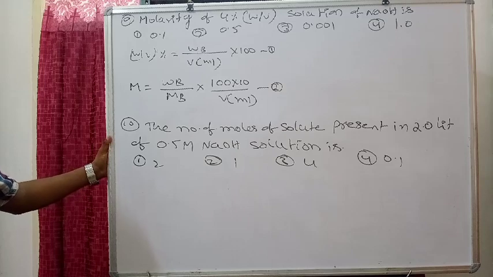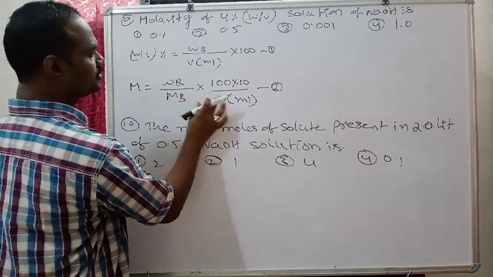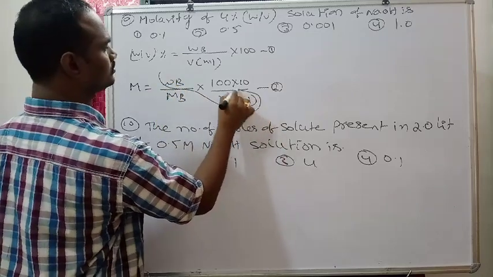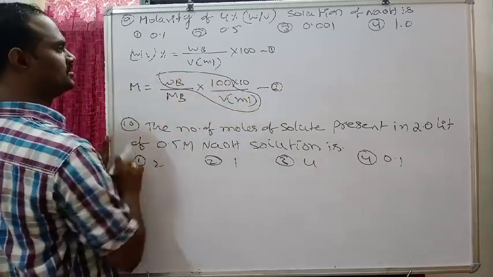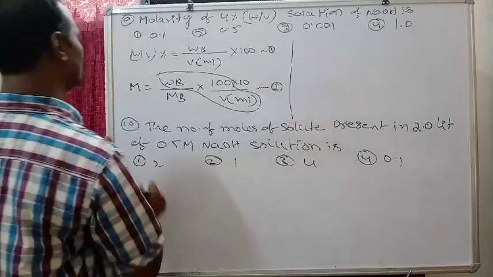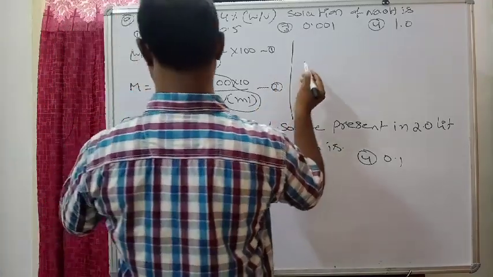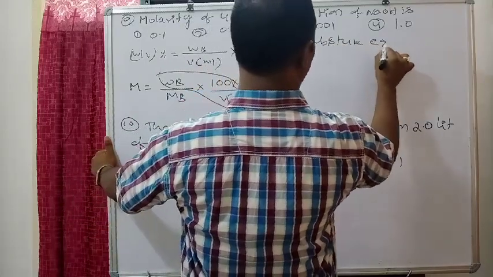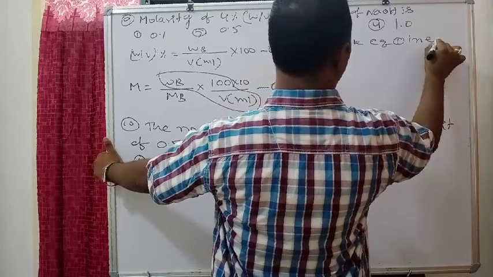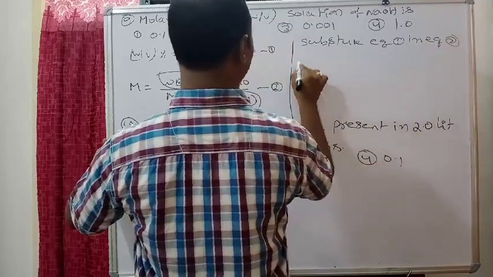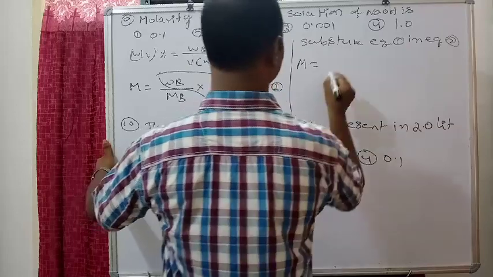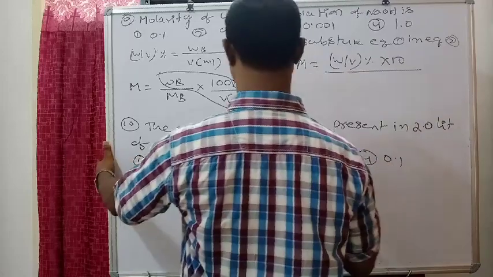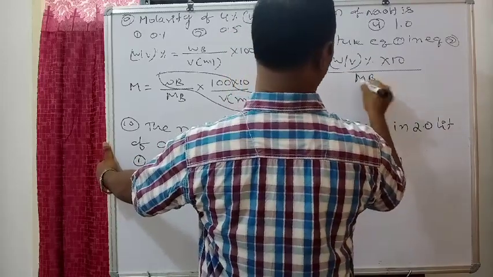So you see, in this equation, mass of solute by volume of solution into 100, in the place of this we can substitute mass by volume percentage. It means substitute equation 1 in equation 2. What we are getting? Molarity is equal to mass by volume percentage into 10 by molar mass of solute.